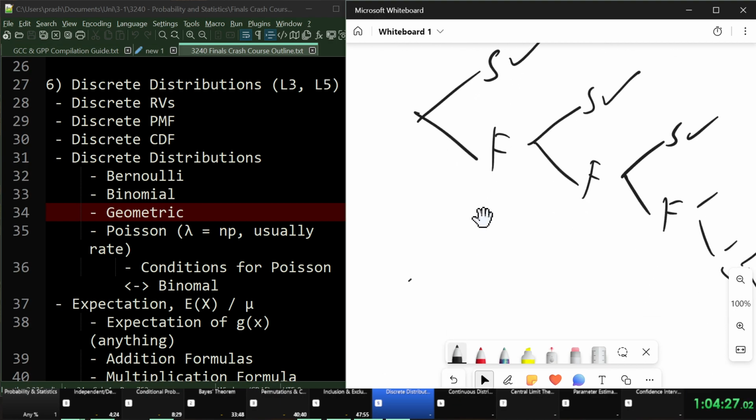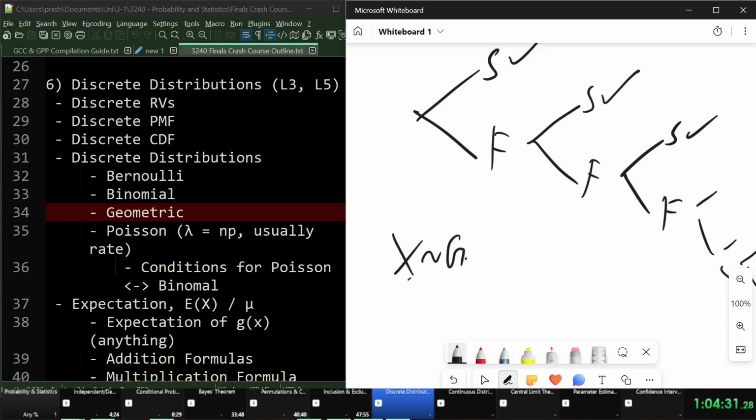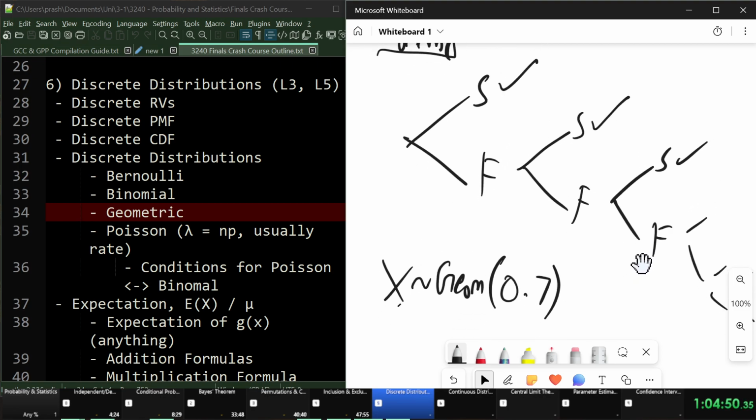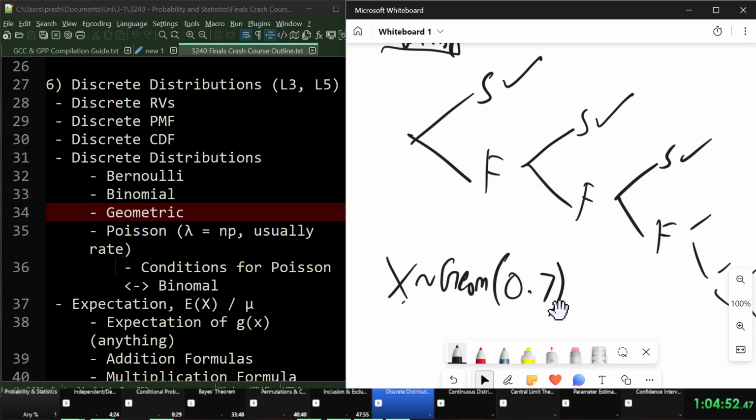Usually it is written as x follows a geometric, and with a certain probability. This is the probability of success. Let's say it's 0.6 again. I think it's 0.7. Let's be cool. This means that, if you want to find the probability that, let's say this was a coin again, the probability of this biased coin showing up as heads was 0.7.